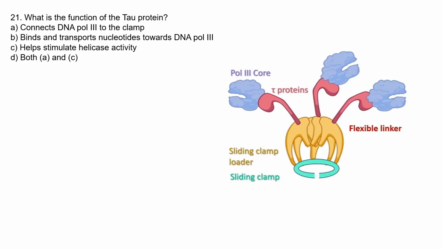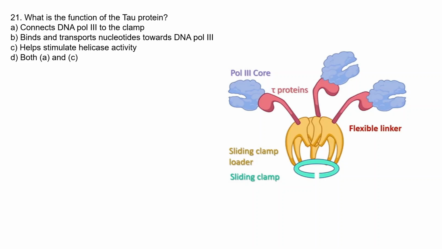Do you guys remember the tau protein? Do you know what the function of the tau protein is? Anyone? Option D. That's right. Very good. So it is option D, which is both A and C.